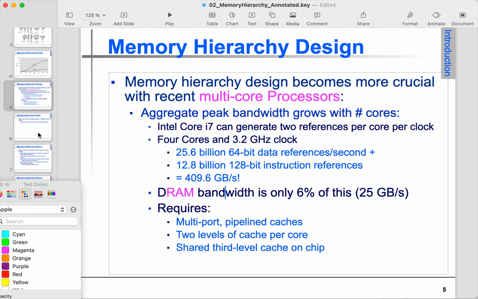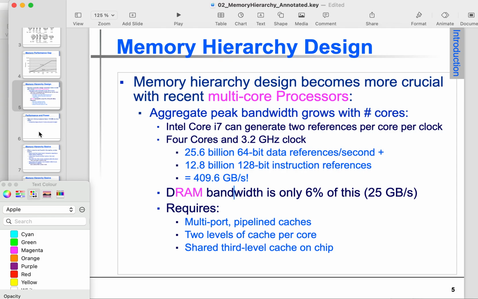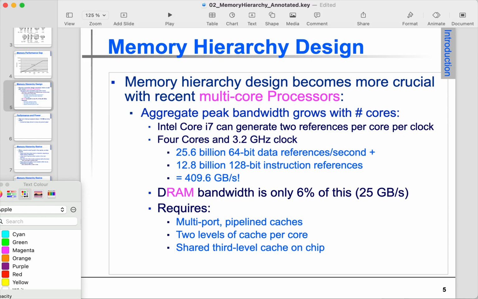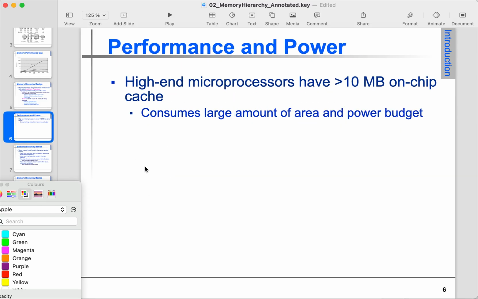Okay, so let's move on to the next subject, performance and power.